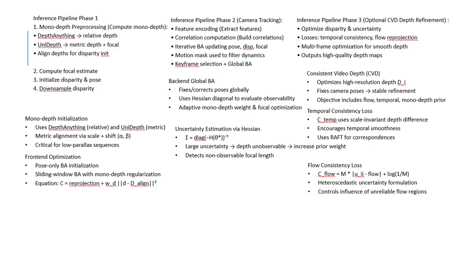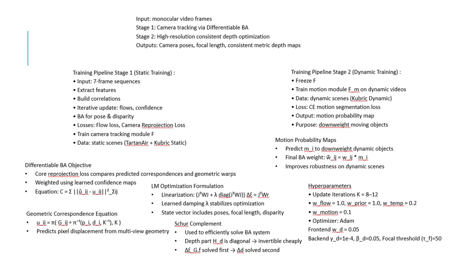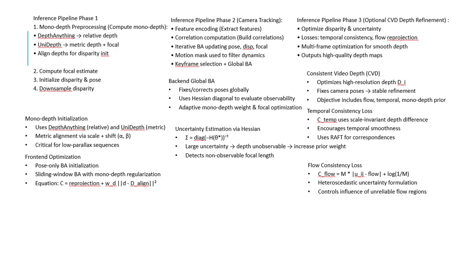Here I'm going to dive deep. What is meant by mono depth initialization? Mono depth initialization uses Depth Anything for relative depth and UniDepth for metric depth, which are aligned via scale and shift, alpha and beta. Here alpha and beta are hyperparameters, which are critical for low parallax sequences.